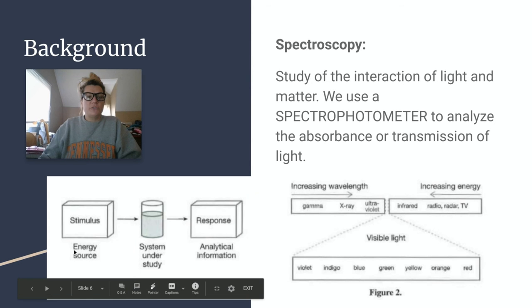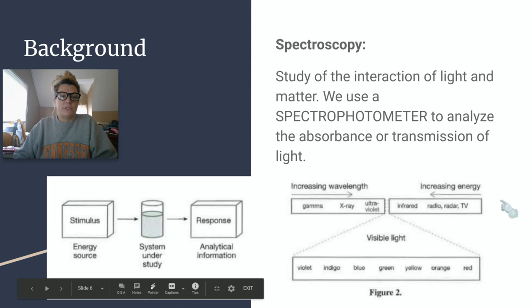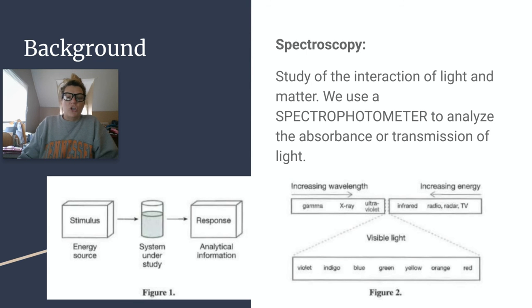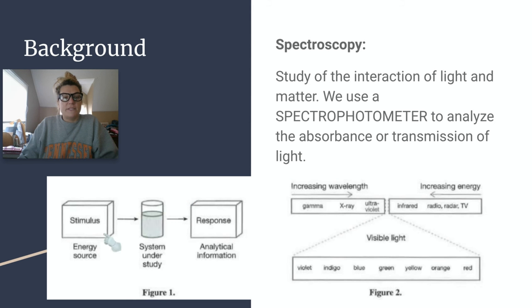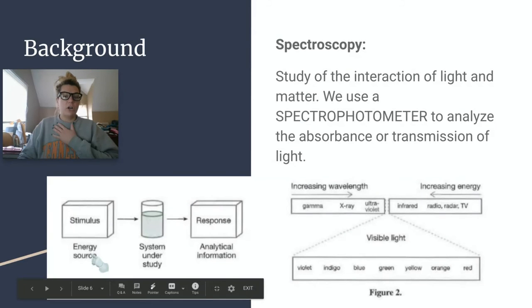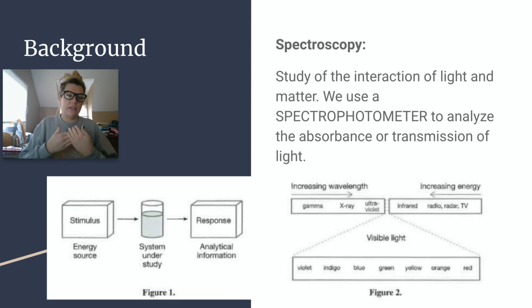Here is what we're looking at when I talk about a spectrophotometer. This is the system under study, and we'll look a little more at what this actually looks like. This is the stimulus, which in our instance is going to be light. The solution is either going to allow the light to come through, not allow it through, or let some of the light go through and some not, based off of what is inside that solution.